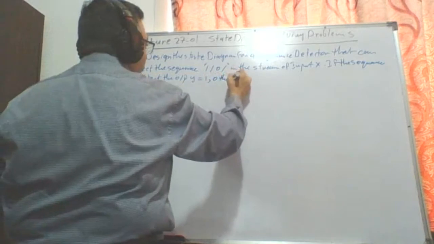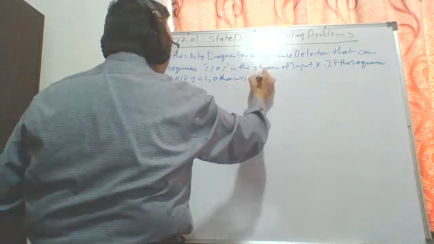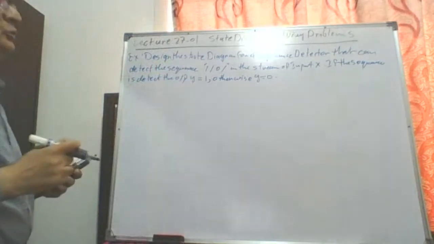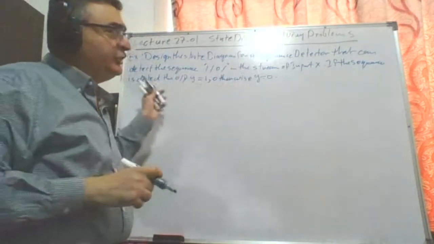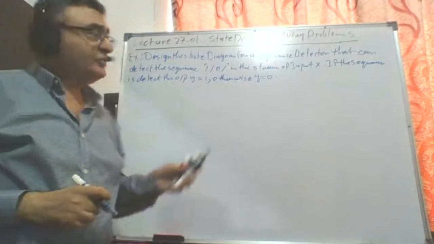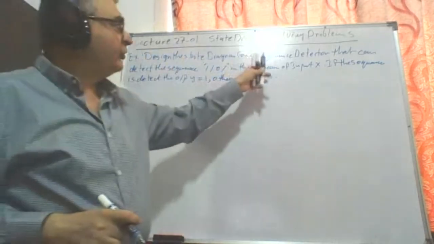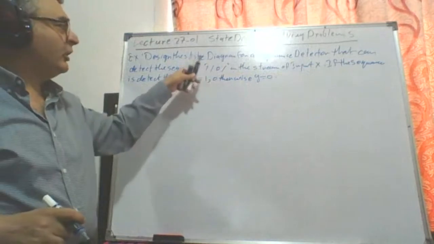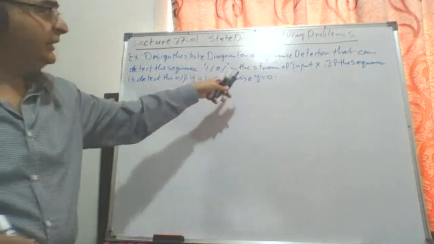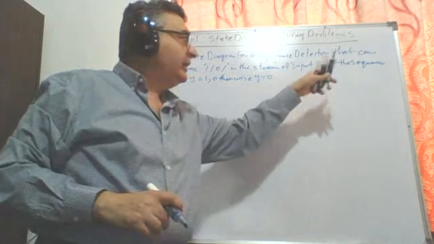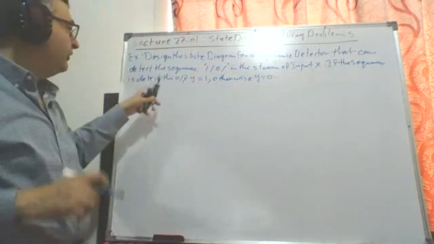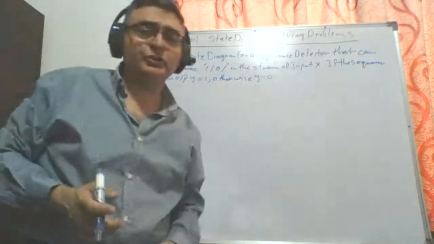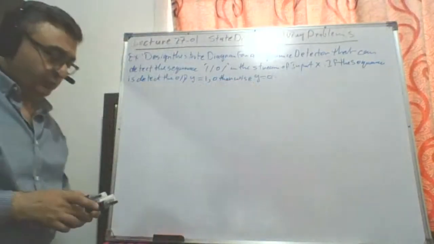Otherwise, Y equals 0. This is the narration of the problem. Design the state diagram for a sequence detector that can detect the sequence 1011, 4 bits, in the stream of input X. If the sequence is detected, the output Y equals 1. Otherwise, Y always equals 0.